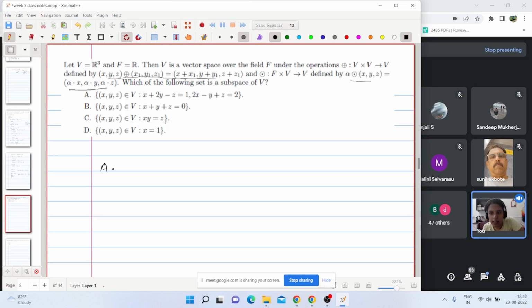Okay, in order to check for a subspace, the basic thing is the identity element. Here the identity in R3 is 0 0 0. It should belong to the subspace. Okay, this is a very basic thing we need to check. Does 0 0 0 belong to the first one, A?